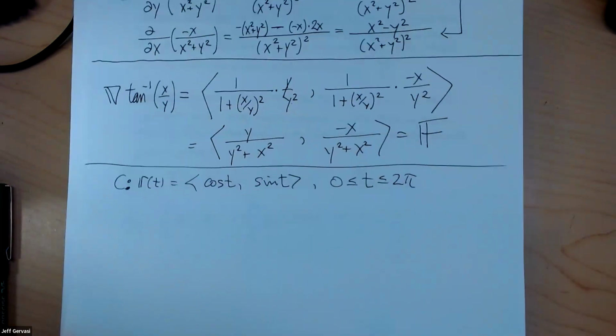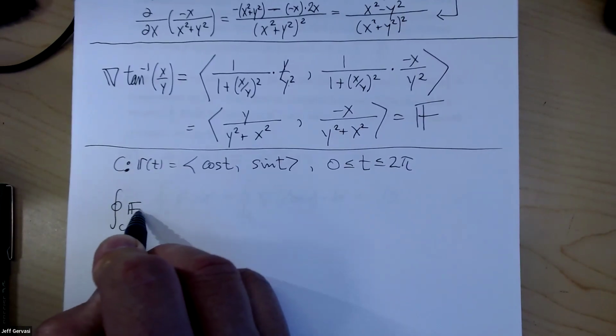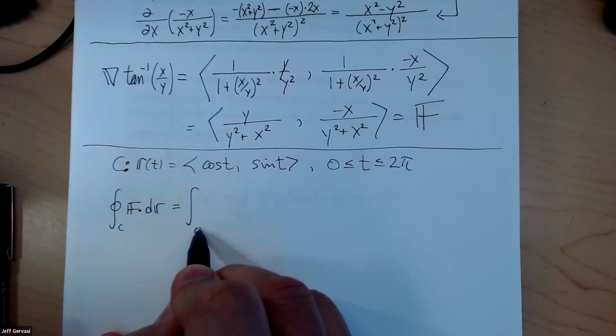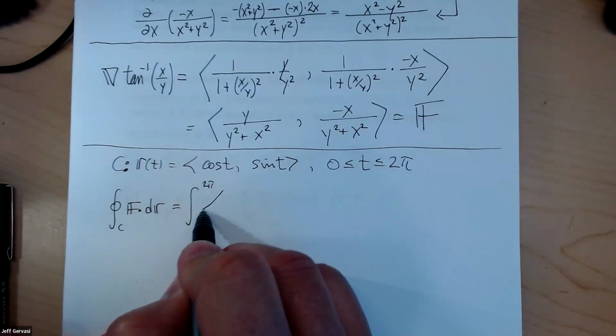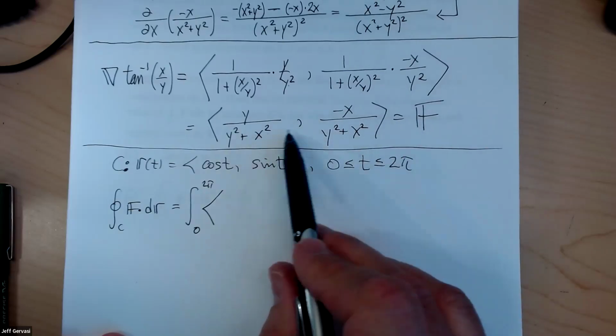Okay. So my line integral is going to be replaced with the integral from 0 to 2 pi. Okay, my vector field F is right here. Okay, so put it in parametric form.